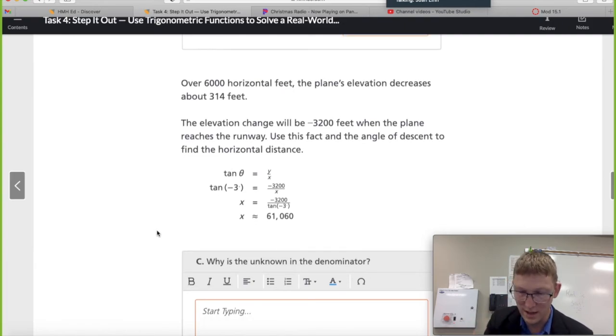So in this case, we've got our plane, and we need to find our x, but we have our y, which is negative 3,200.